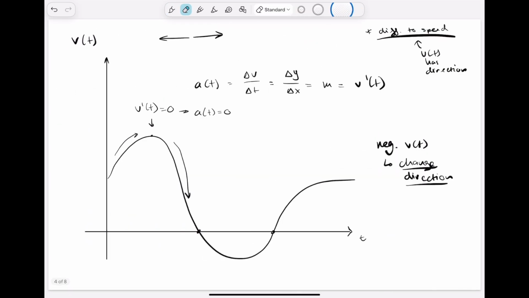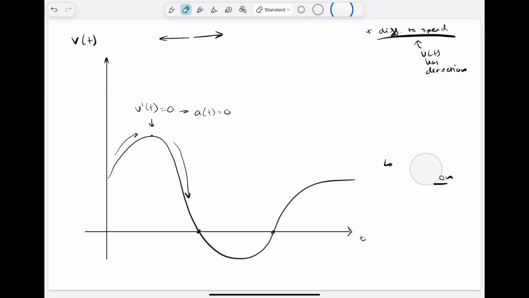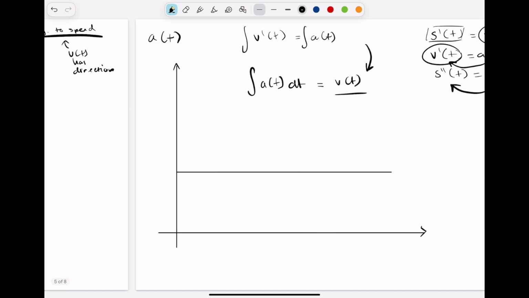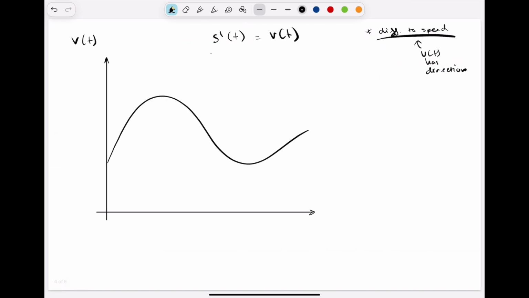Now let's look at how we can go back from velocity to our displacement. Let's say this is our velocity, then in order to get to velocity, we took the derivative of the displacement. And we can repeat the same logic that we applied to acceleration. We simply integrate both sides to see that displacement, again, because the integral of a derivative is just the function itself, is equal to the integral of velocity with respect to t.